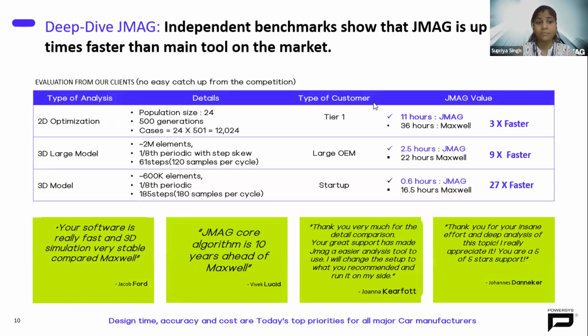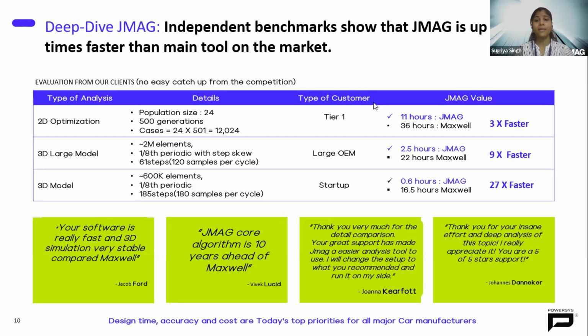You can see the 3 types of analysis we have done for one of the tier 1 large OEMs and startups. For 2D optimization, it took 11 hours with JMAG and 36 hours with Maxwell, which is 3x faster. For a 3D large model, it took 2.5 hours with JMAG and 22 hours with Maxwell, which is 9x faster.